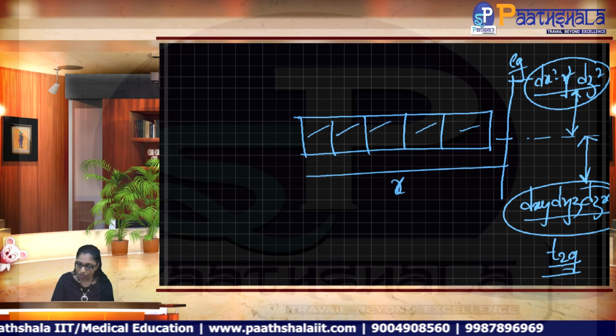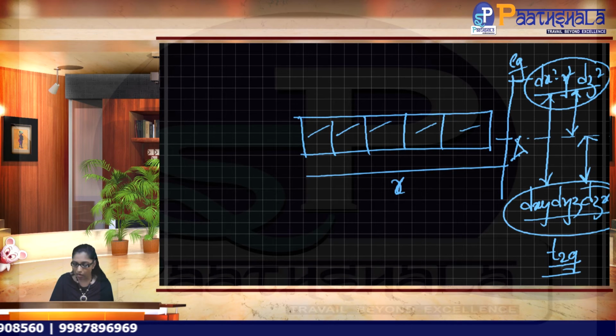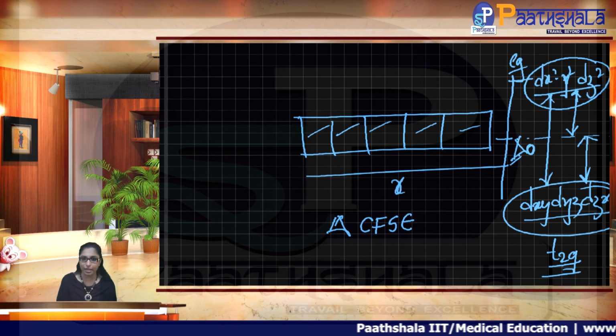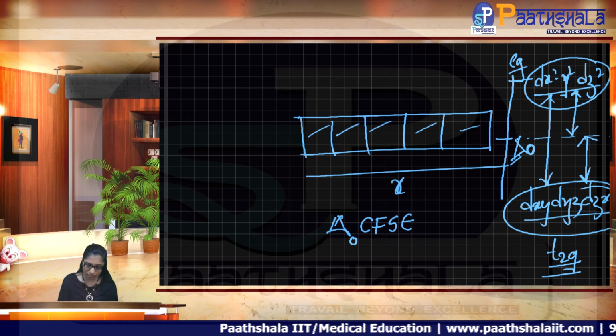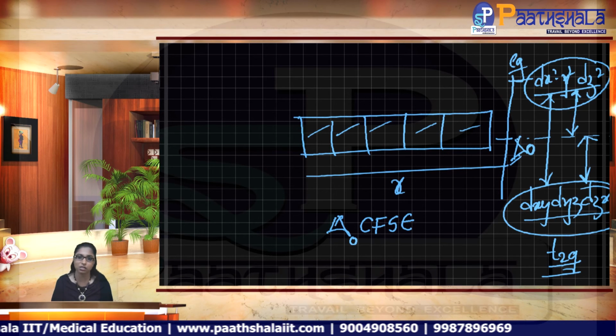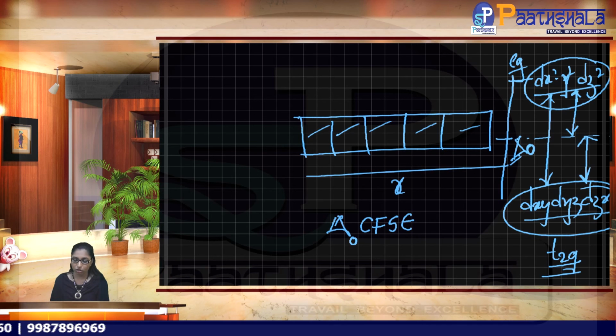And this distance between these two sets of non-degenerate orbitals of the d subshell is denoted by delta O. This is known as the crystal field splitting energy, and there is an O in the subscript which indicates that this energy represents the octahedral complex. Similarly, the theory is also explained with respect to the tetrahedral complexes, which we will discuss later.